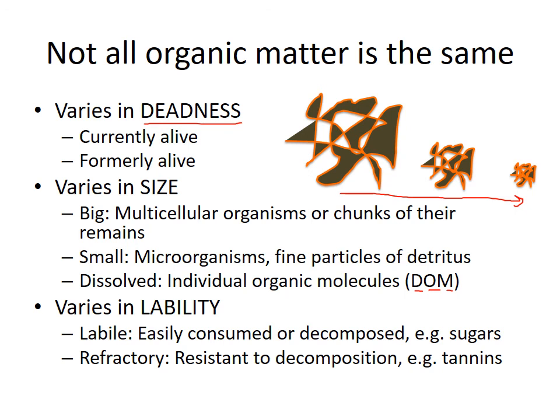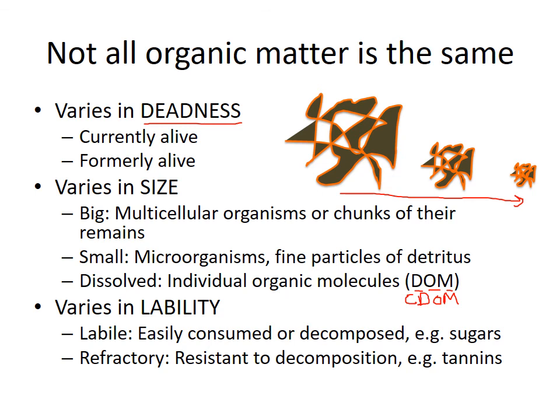They might even be invisible, although some types of dissolved organic matter discolor the water, and we call those colored dissolved organic matter. Actually, most of the organic matter in the ocean is dissolved organic matter. Even though it's largely invisible, if you counted up all the atoms, most of it would be in this dissolved form. Okay, so big multicellular organisms form chunks of the remains, small microorganisms, fine particles of detritus.